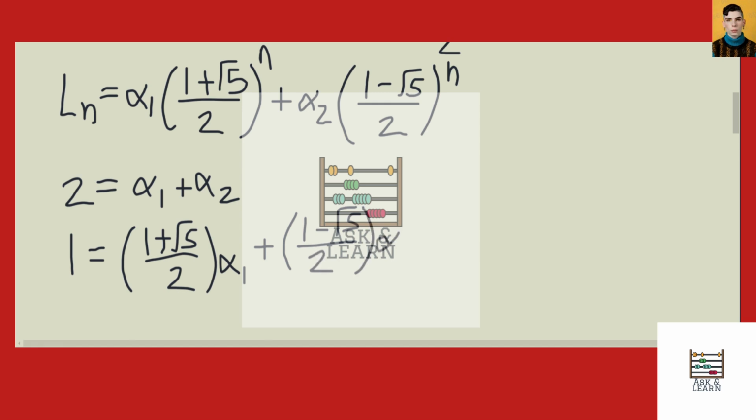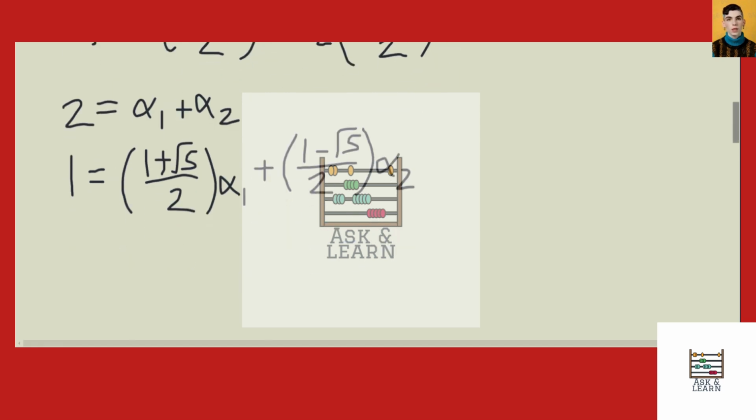To simplify, subtract (1 minus root 5)/2 times equation 1 from equation 2.